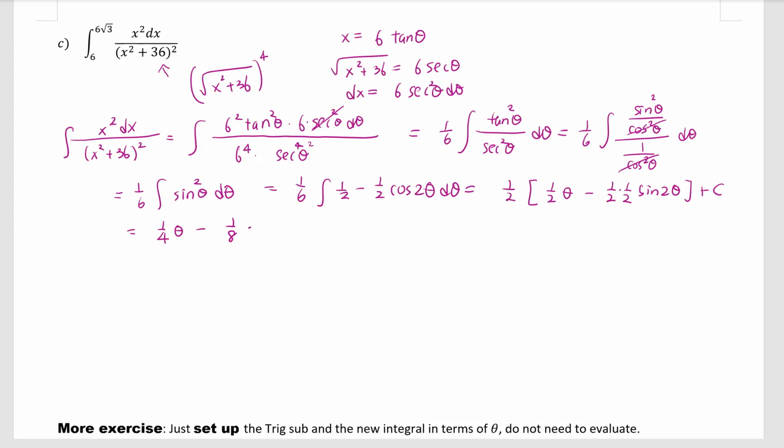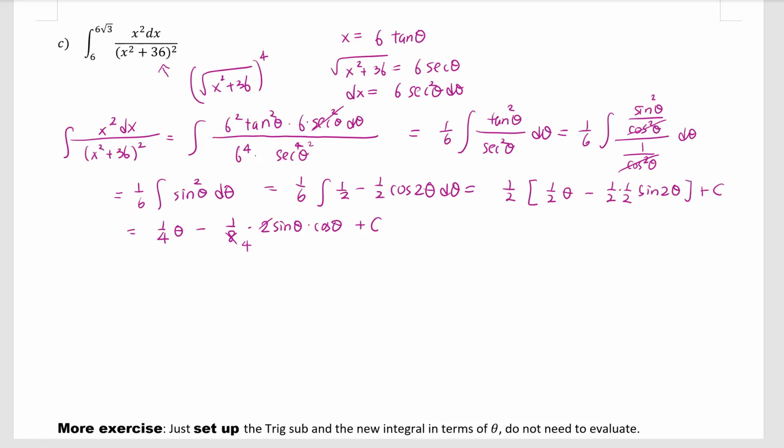But remember the sine 2 theta? You want to change it back to trig functions with the angle theta. So sine 2 theta is 2 sine theta cosine theta. I hope you're familiar with the double angle formula. Everybody, please, this session is hard, and I hope that you have mastered all the trig identities and all the antiderivative formulas of trig functions. Okay? Next.